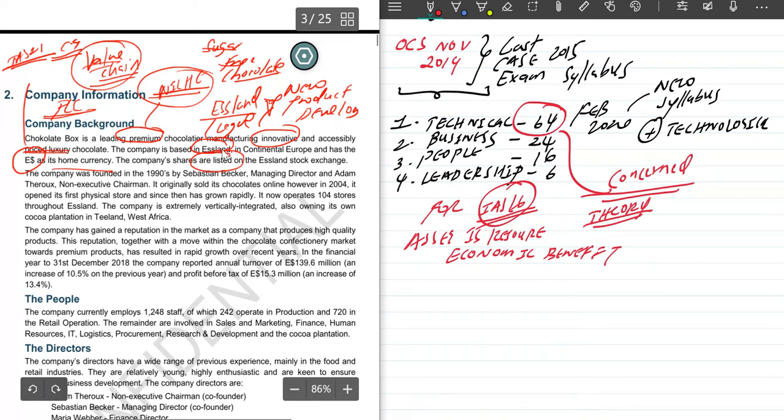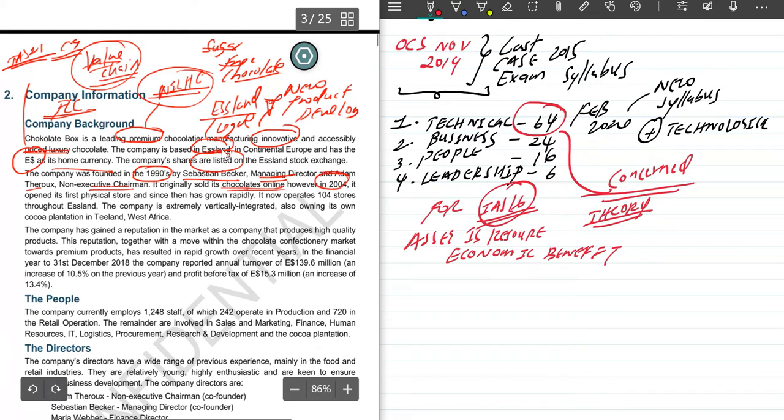The company was founded in 1990s by Sebastian Becker. Please keep the name, the managing director, and Adam Sterex, the non-executive chairman. So again, see, the founder has become the non-executive chairman, but Sebastian is still the managing director. So there can be a corporate governance issue on nomination. It originally sold the chocolates online, so it was a digital based company, students, because it started online selling.